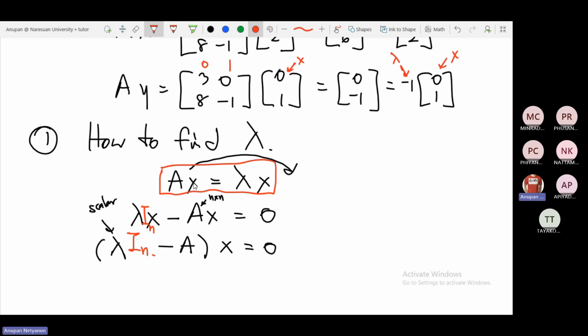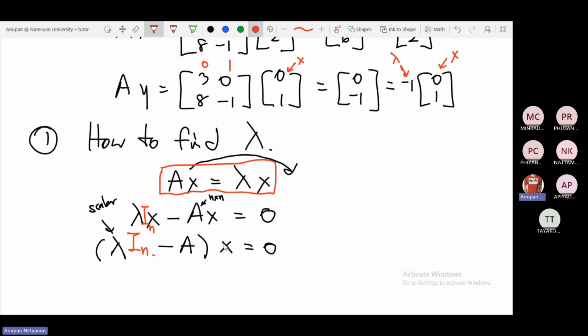Because A times 0 gives you 0, and 0 times lambda is 0. But you want solutions more than the 0 vector.